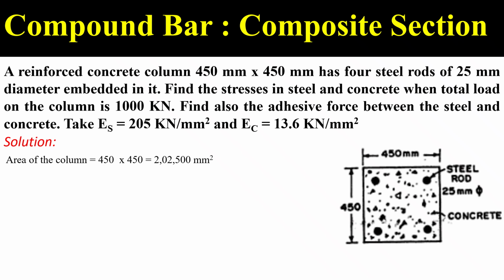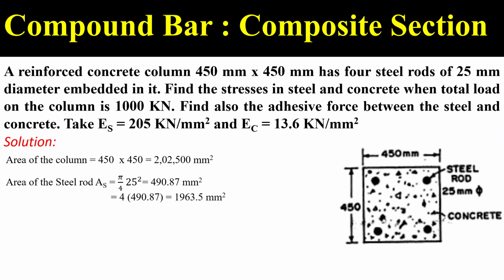Next we determine the area of the steel rods. Each one has 25 mm diameter. Then the cross section of each steel rod is pi by 4 into 25 square, that is 490.87 mm square.